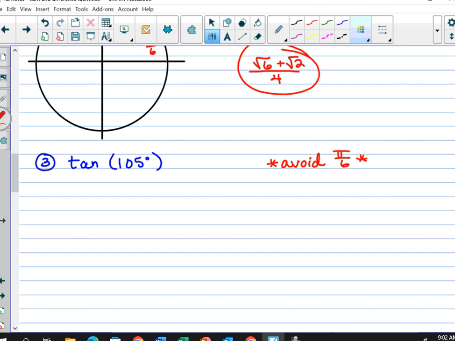Okay, so can you make 105 degrees avoiding the 30 degrees or the 150 degrees? What do we want to use? 45 is still there. Yeah. What if we split it up into like 30 and 75? If we first add 75 together and then add 30 together.